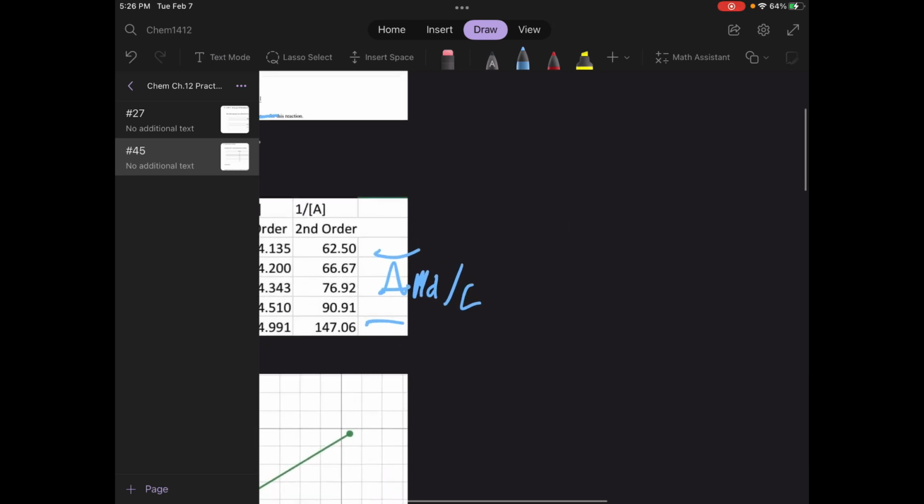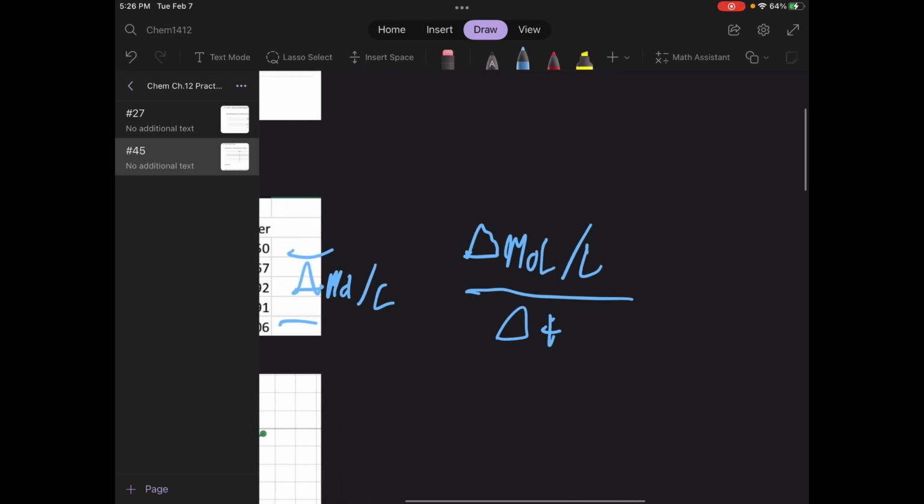So let's do delta, our change. Sorry about that. Our change in molarity over our change in time is equal to our k.